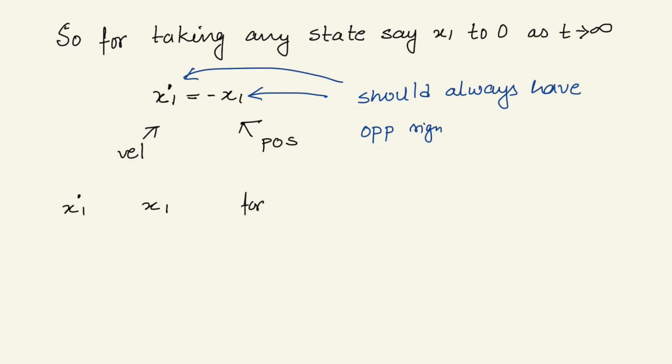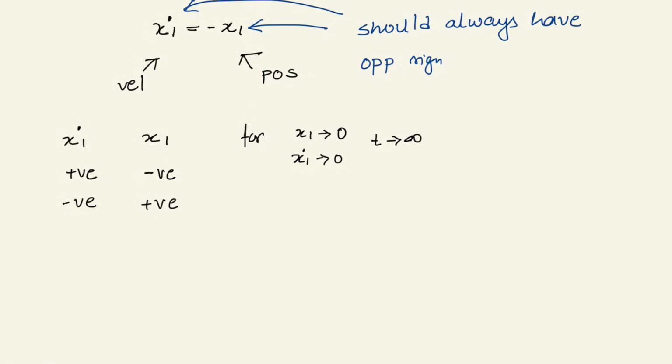If we take x1 as position and x1 dot as velocity, when the body is at positive position, the velocity should be negative and vice versa for the body to go to 0. This will always be valid for those states going to 0.